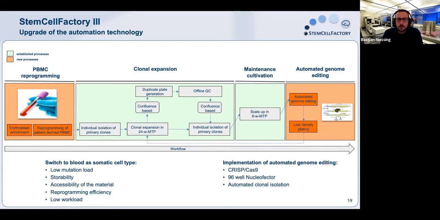This is much easier for us to handle and also to get these samples, because a tissue sample is not that easy to get. And the second huge new step on the stem cell factory is the automated genome editing. So we also added the automated genome editing on the stem cell factory. And now I start with the reprogramming of the erythroblasts.